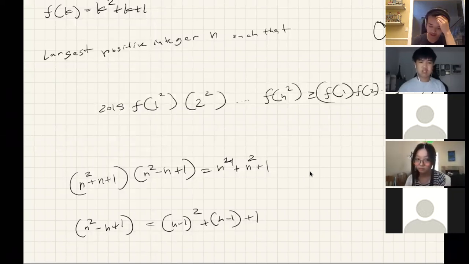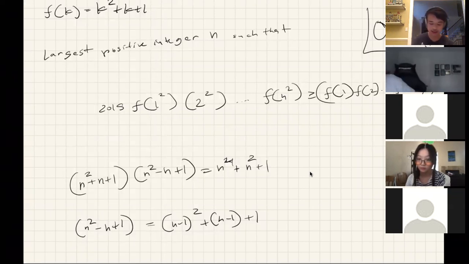So our first product problem is from OMO. The problem goes like this. You define a function f of k such that f of k equals k squared plus k plus 1.